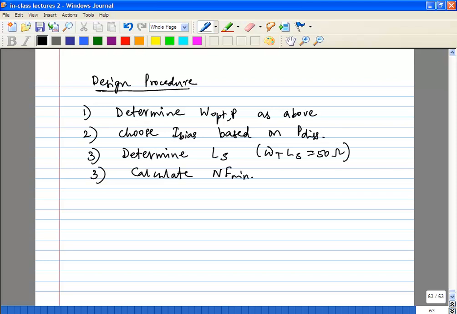That is something you will want to do once you know W opt and omega T. Then of course you want to calculate LG such that your input is matched at the desired frequency.